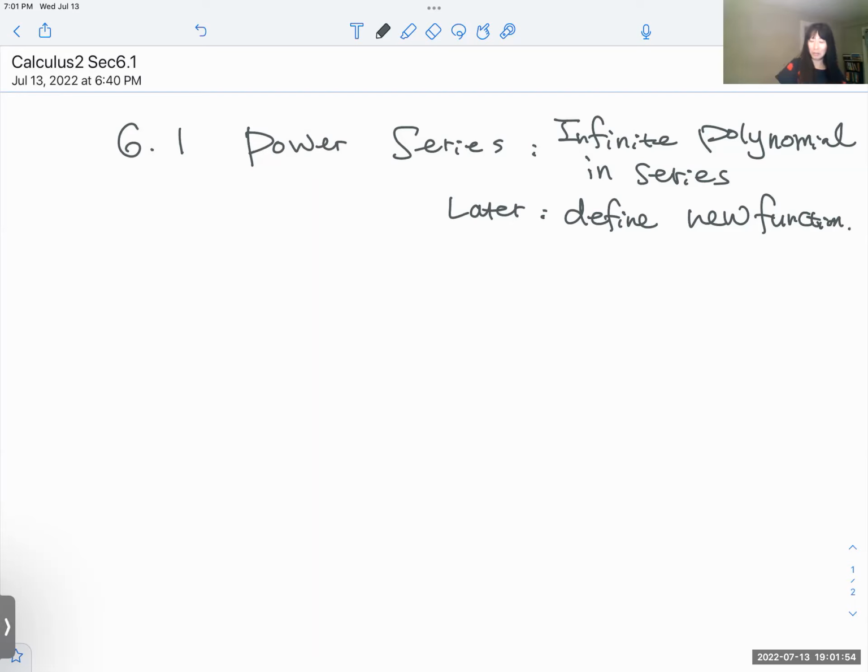All right, then the power series looks like this: the summation, n starts at 0 to infinity, of c sub n x to the n power. You can see that there is a power. When n equals 0, we get c sub 0, the constant.